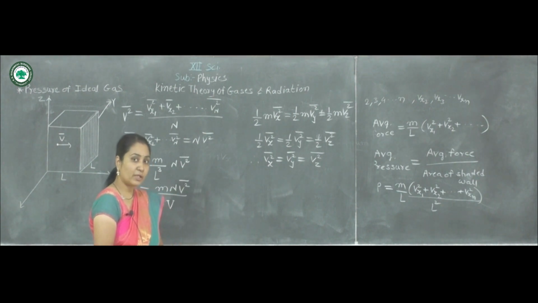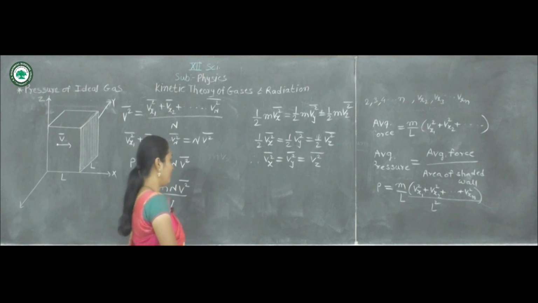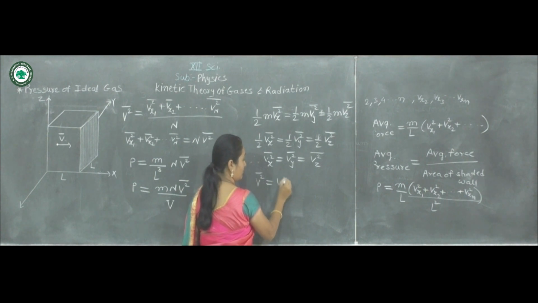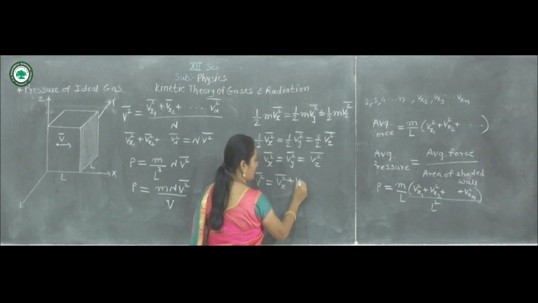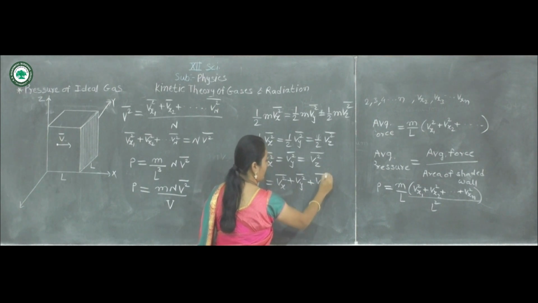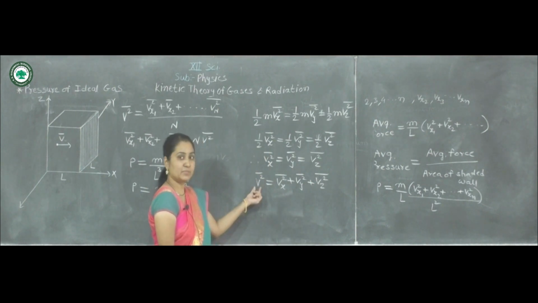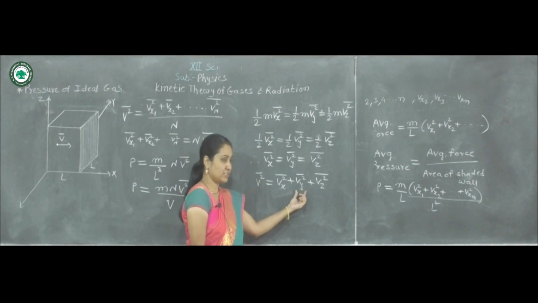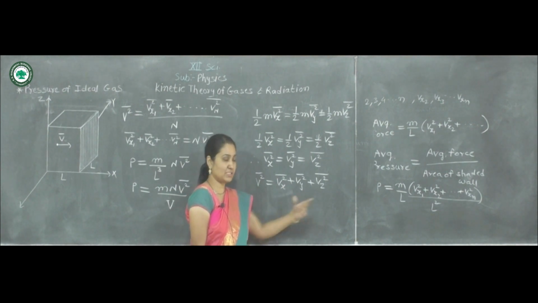So the total speed V can be written as V square bar, that is molecular speed, is equal to Vx square plus Vy square plus Vz square.